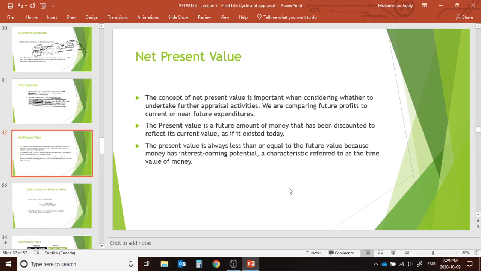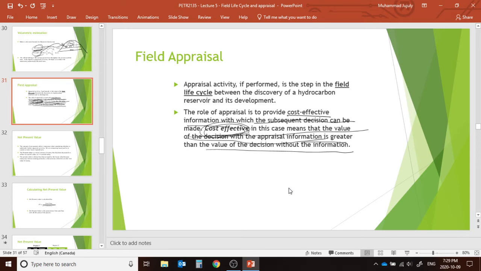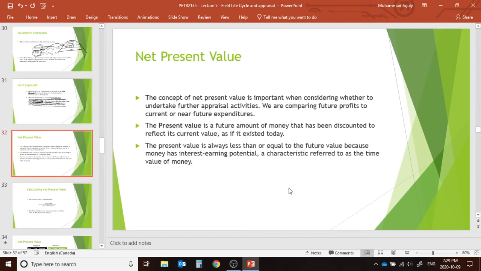So to know the cost effectiveness of the appraisal information, like whether you should continue doing the appraisal or not, there are some things you need to know about the petroleum economics part, which is the net present value. So what is the net present value, or NPV?